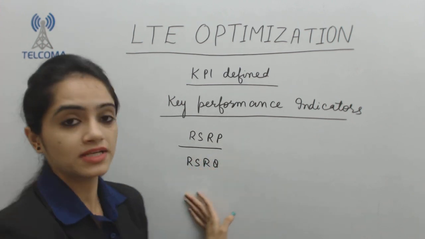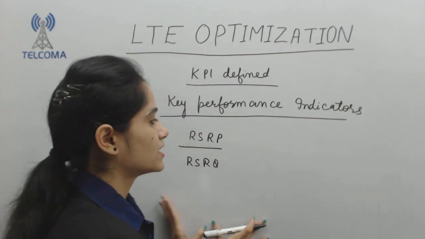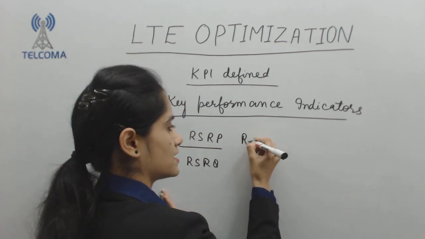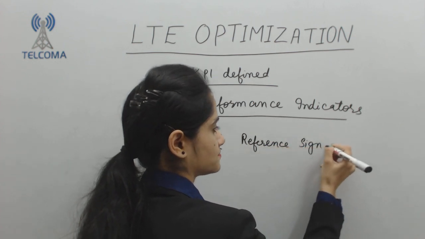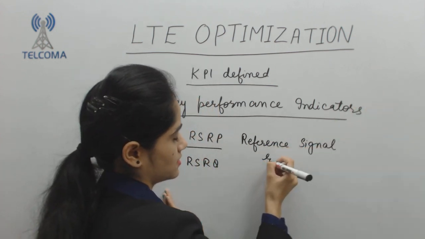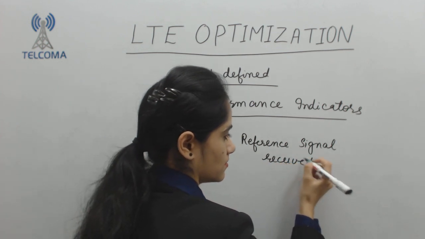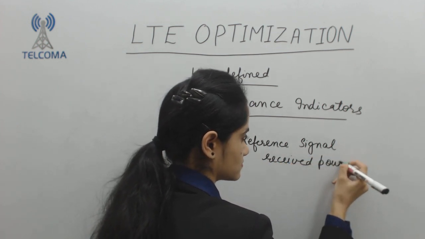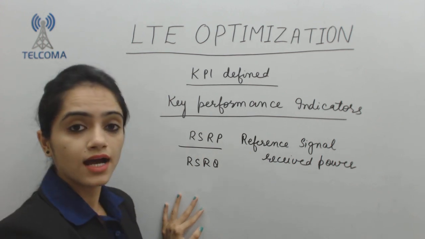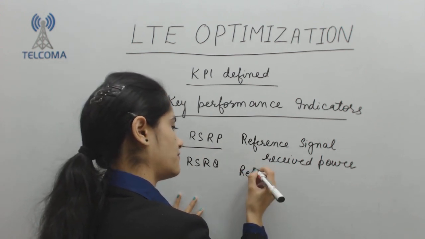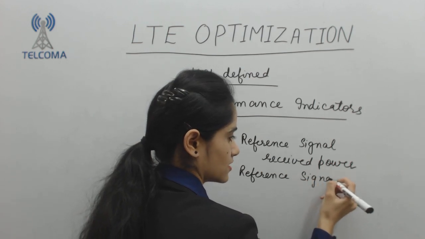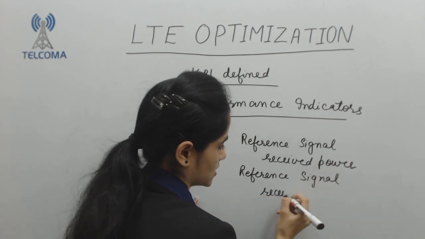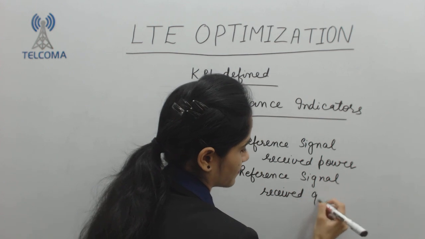These are the two parameters in our radio interface. RSRP is reference signal received power and RSRQ is reference signal received quality.